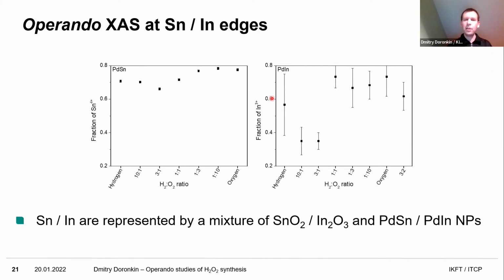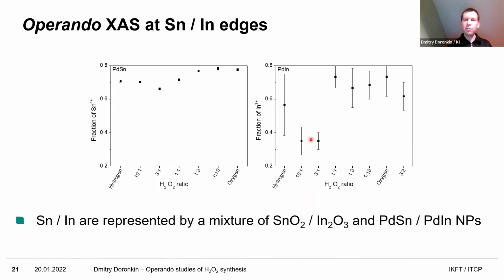For indium, we couldn't analyze XANES because the XANES of metallic indium is different from the XANES of the indium palladium alloy. So we had to analyze EXAFS in this case, and we could see that indium is also a mixture of oxidized and reduced indium.